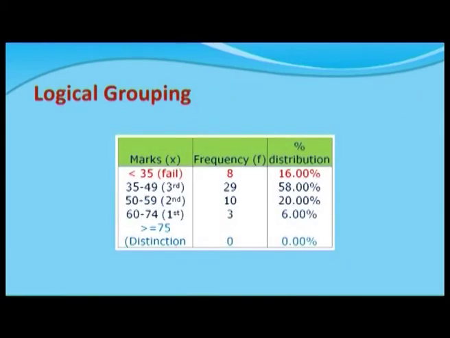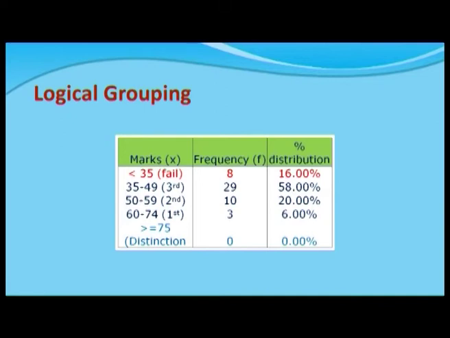In the above example, we have used the standard grading system used by the university to rank the students. For example, pass, fail, distinction, first class, second class, third class. Here, we have classified the data range into more logical groups in order to define the status of the exams and the academic class obtained by the students.